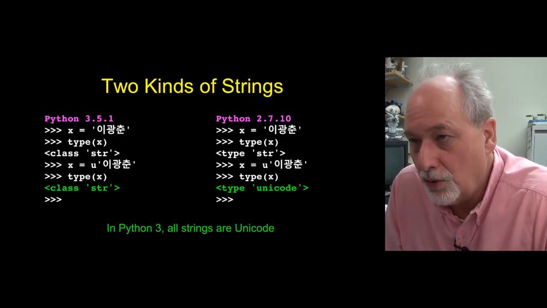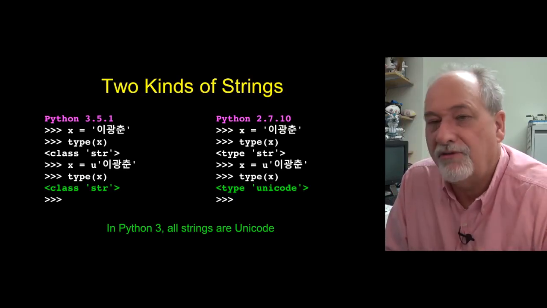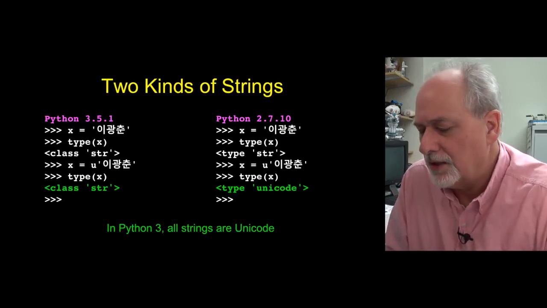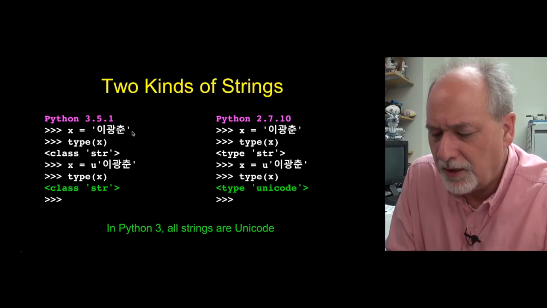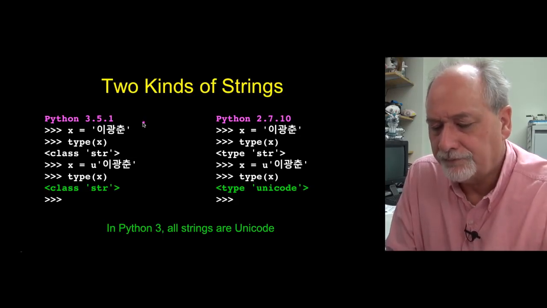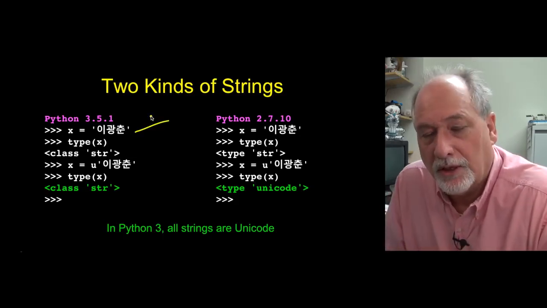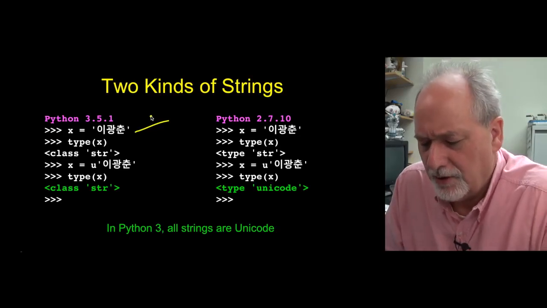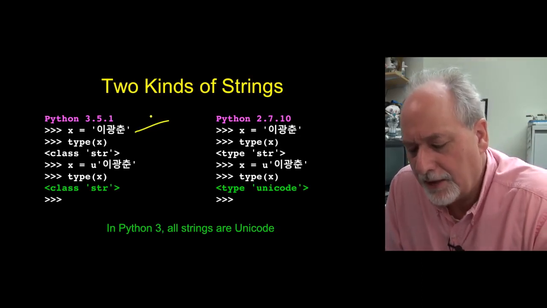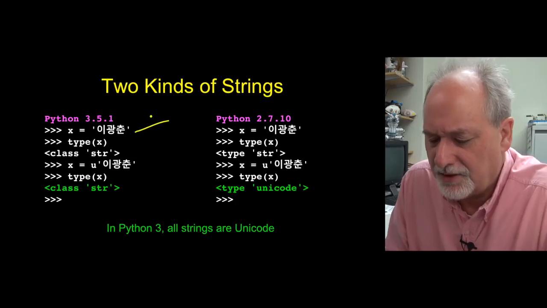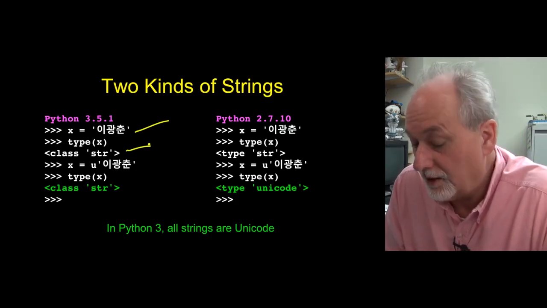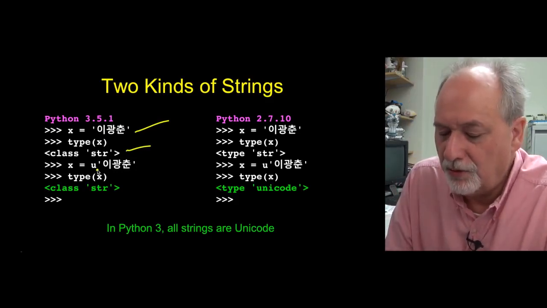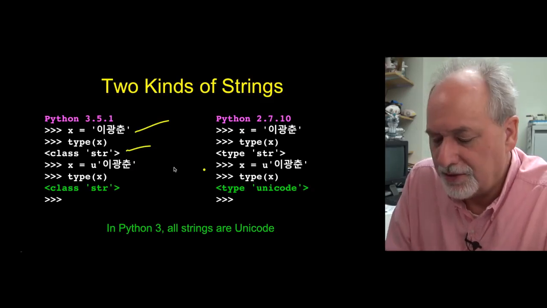In Python 2, there was some confusion as you went between strings. This is just a little bit of code, and I'm putting in some Asian characters, this is Korean actually, into X, and then I say what kind of thing this is, and that is a string. There's this Unicode, which comes from Python 2.